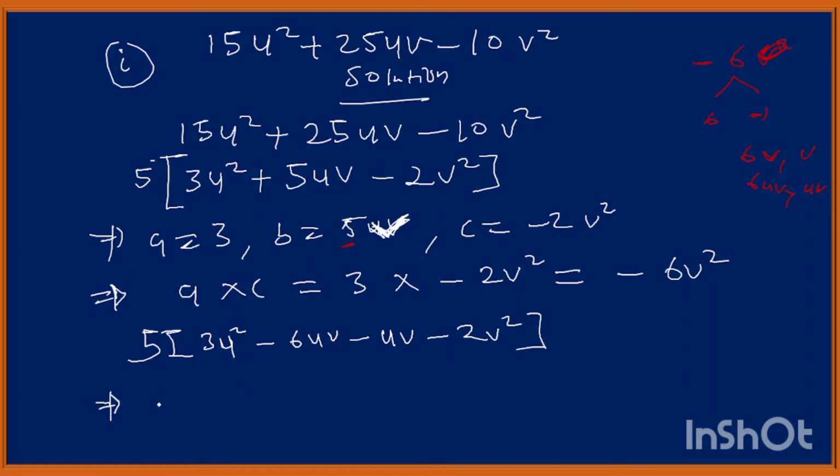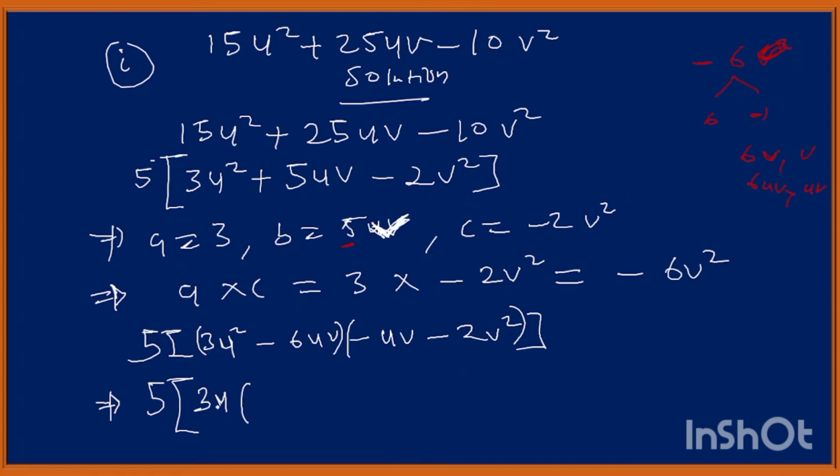So this is equal to, we group this, this becoming awesome. So this is 5 into, what is common between 3u squared and 6uv? What is common? 3u is common. So 3u into, if I divide by 3u, I factor out 3u.